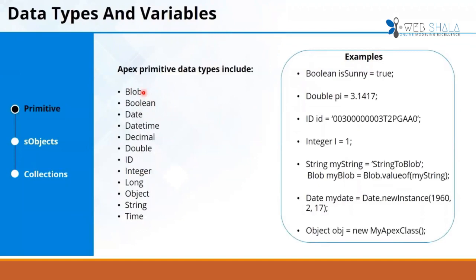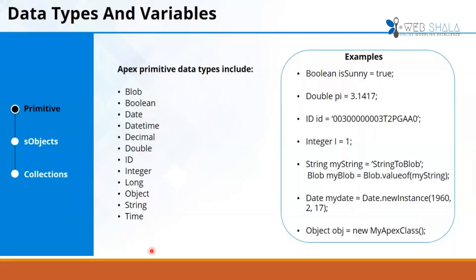So we have three types of data type: primitive data types, sObject data types, and collection types. So what is primitive? All the standalone data types, like blob, boolean, date, datetime, decimal, double, ID, integer, long, object, string, time.